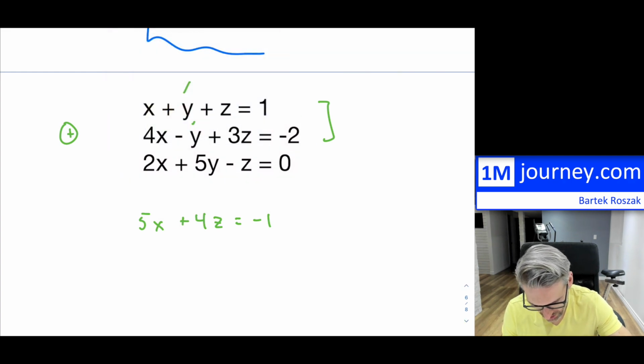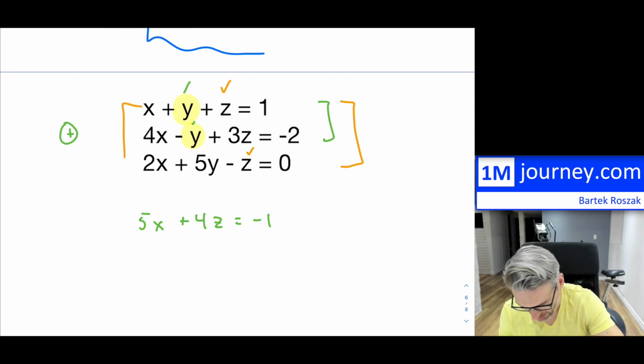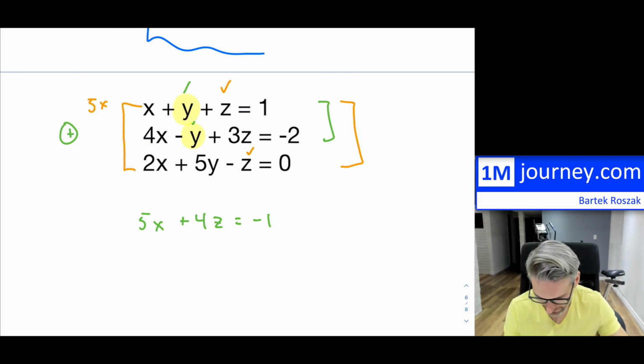Now, again, you can choose any of them. I'm going to purposely choose these two because I notice the z's will cancel off. But because we chose the cancellation of y in the first one, we're kind of stuck. We've got to get rid of y again. So that's fine. If I want to get rid of y between these two, I'm going to have to multiply this one by 5.